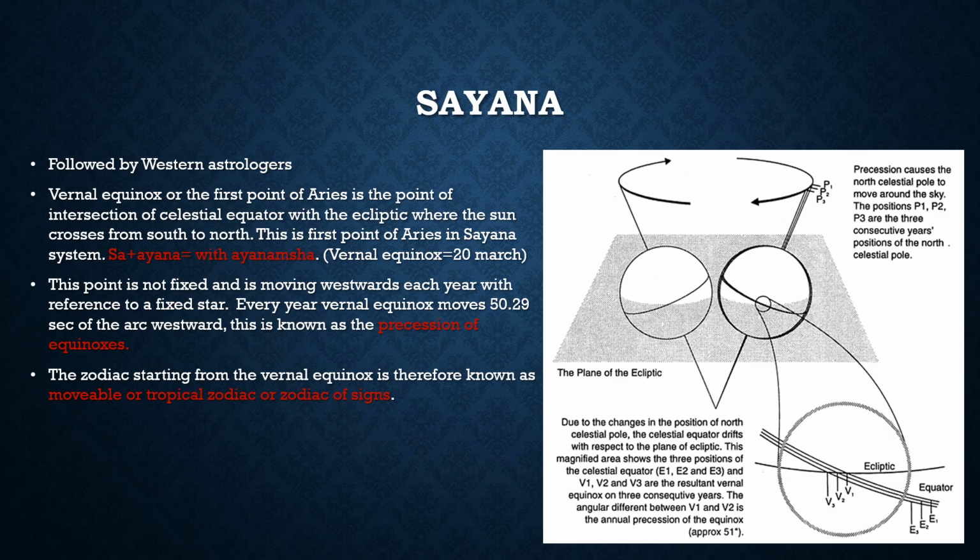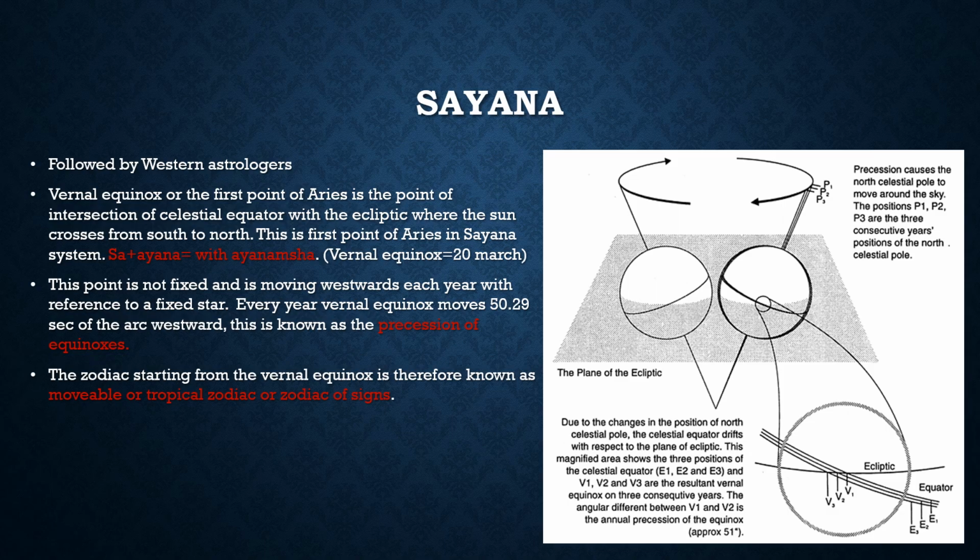Then the Sayana system is followed by Western astrologers, and we know the vernal equinox is the first point of Aries, which is the point of intersection of the celestial equator with the ecliptic, where the sun crosses from south to north. This is the first point of Aries in the Sayana system.